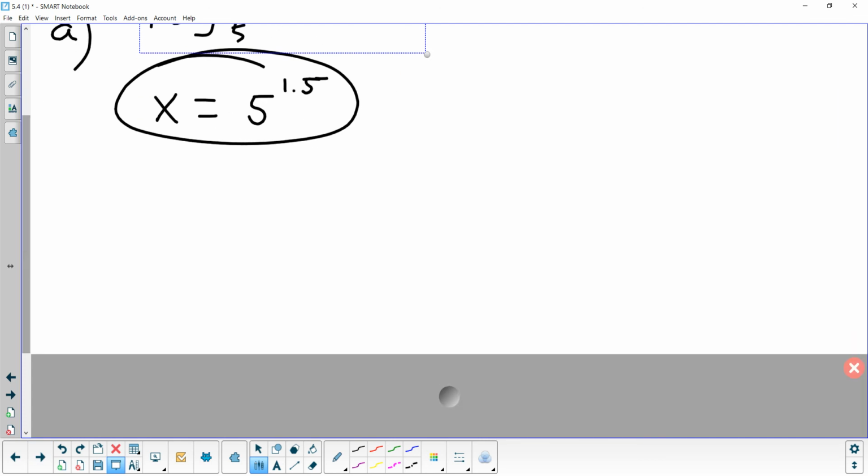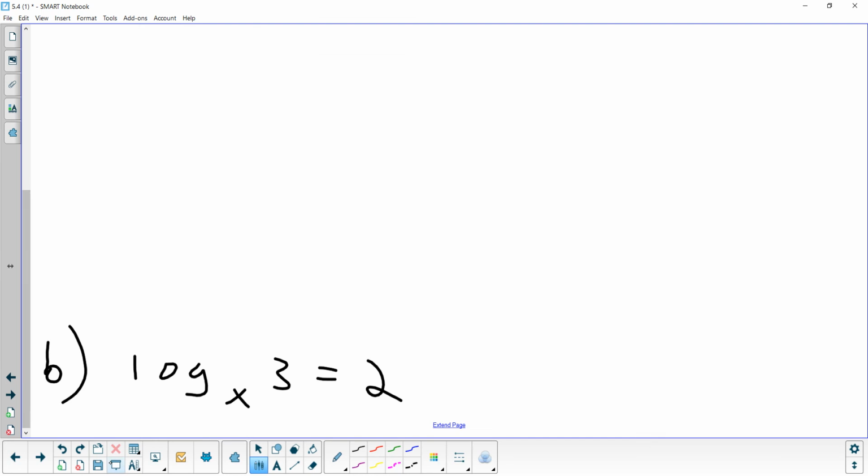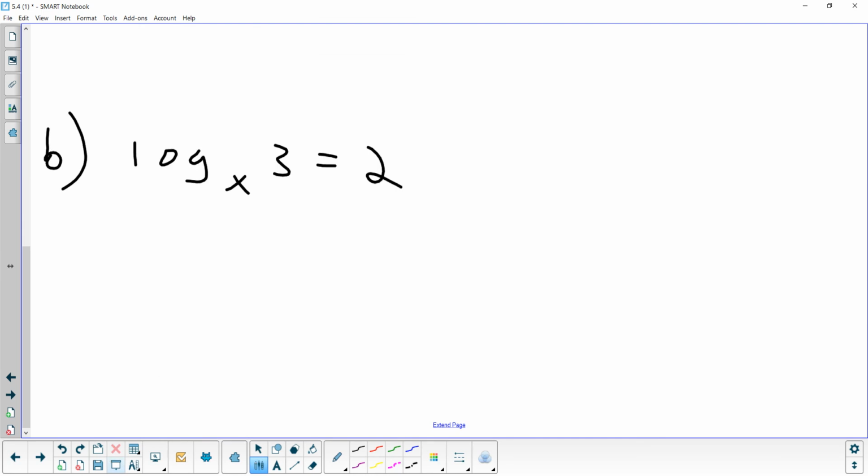Let's look at an example. I think I have one where the variable is the base. How would I rewrite this one in exponential form? Tim? X to the power of 2 is equal to 3. Good. Now, you can't solve that by adding, subtracting, multiplying, or dividing. You've got to get rid of the square.